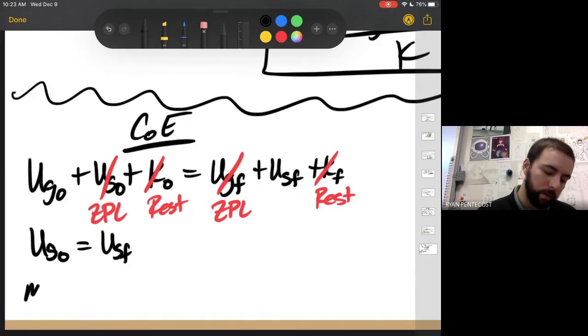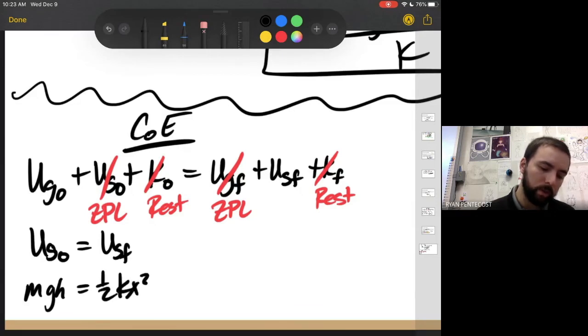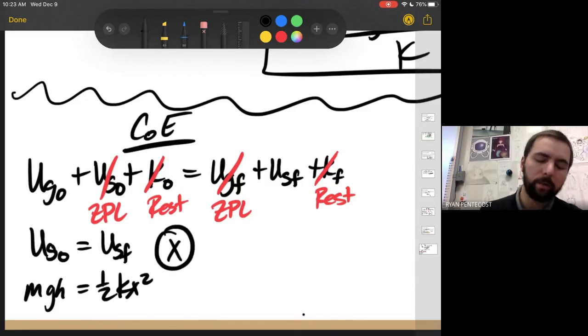So we've got our mgh equals 1/2 kx squared, and we want to know x. That's what we want. We don't want the height. It didn't ask what height change it had. We want x. But what is h?